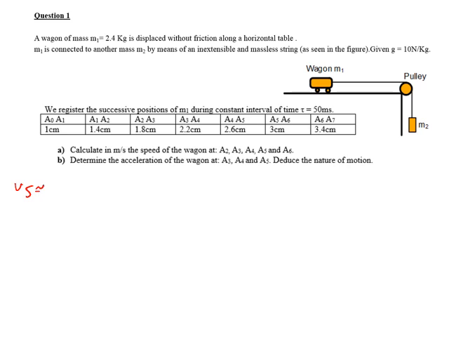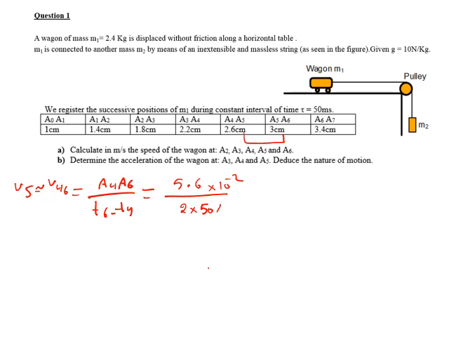V5, it's approximately V46, equal to A4A6 over T6 minus T4, equal to A4A6, it is 5.6 times 10 power minus 2 over 2 tau, 50 times 10 power minus 3, equals 0.56 meter per second.